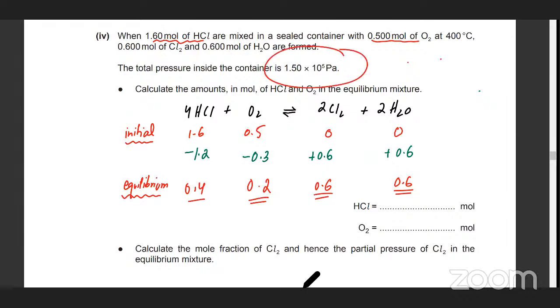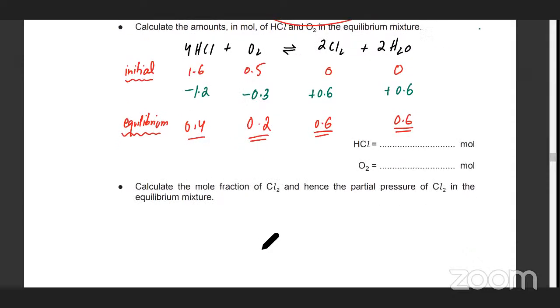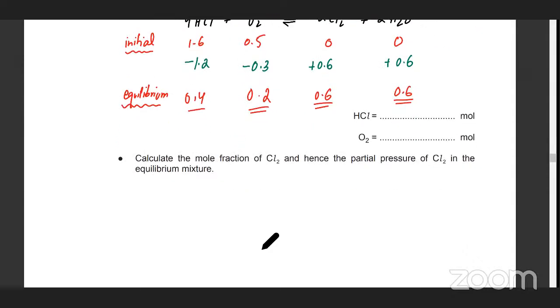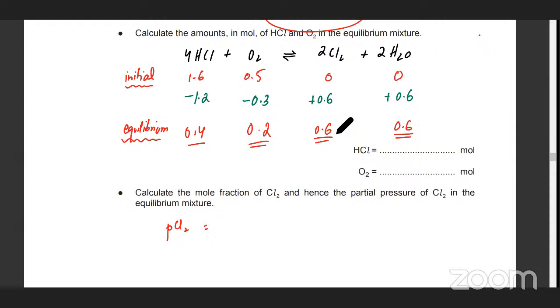Now, the next part is to calculate the mole fraction of Cl2 and hence the partial pressure of Cl2 in the equilibrium mixture. So how do you calculate the partial pressure of Cl2? That's the mole fraction of Cl2. How many moles of Cl2 do we have? You've got 0.6 divided by the total, which is 1.8. Partial pressure is mole fraction times total pressure.